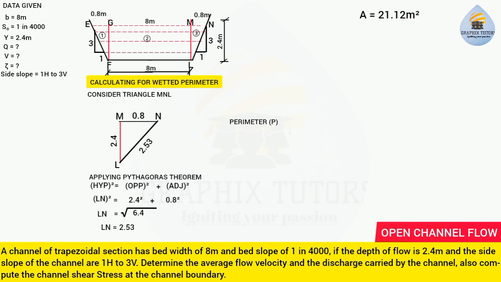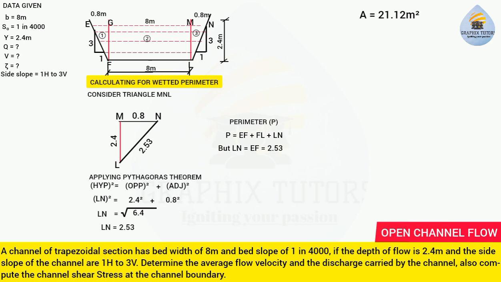So the perimeter now, you add all the sides that the water or the liquid has touched. So it's going to touch the EF, plus it will touch the FL, plus it will touch the LN, and we know that LN is equal to EF.